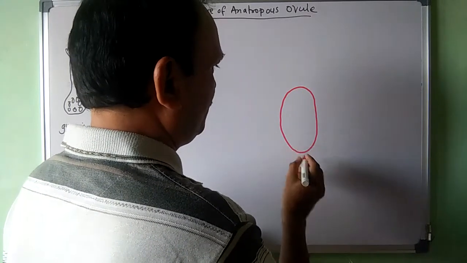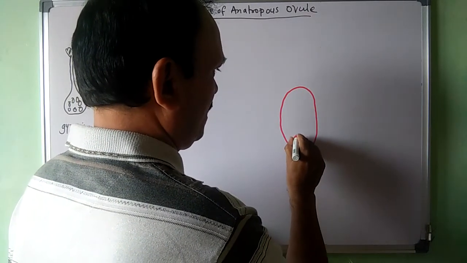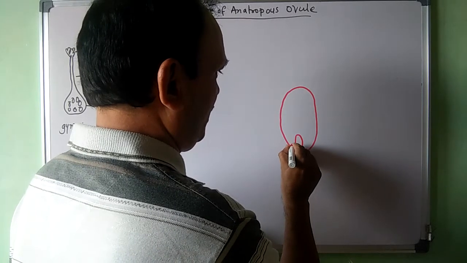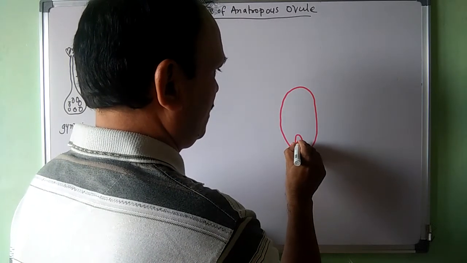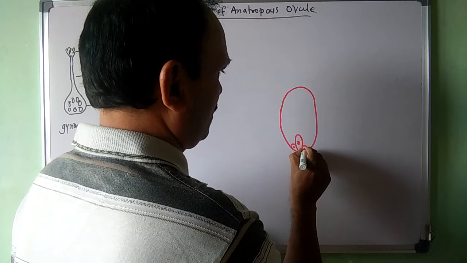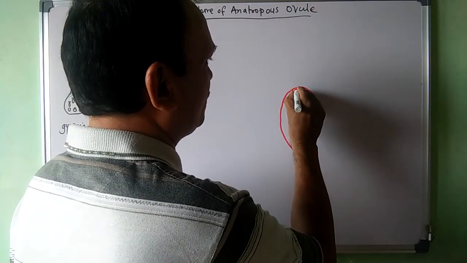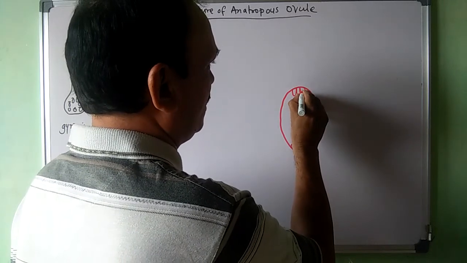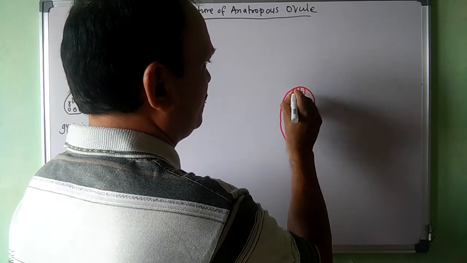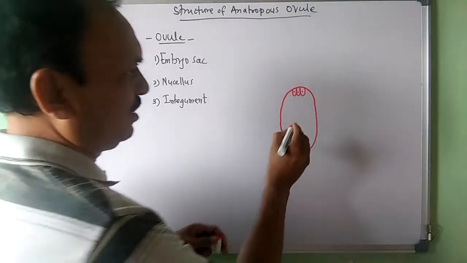It is oval in shape. A large cell is here, that is the egg cell, and two small cells, that are the synergids. Opposite to this egg cell, here it is, the antipodal cells.